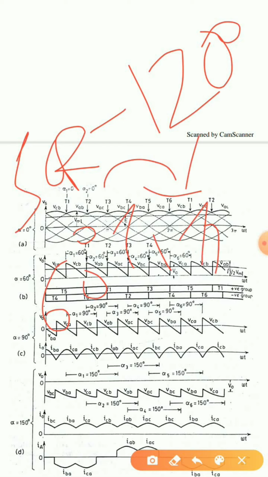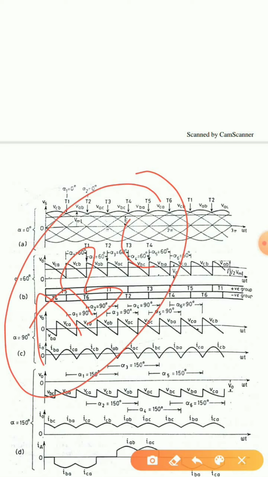That is, from T1 to T2 a change will be there, or from T2 to T3 a change will be there. Every 60 degree a commutation will be there. Now it is clearly understood that if I want to maintain an ABC phase sequence, I have to follow the order, that is, after T1 is on, T2 will turn on.